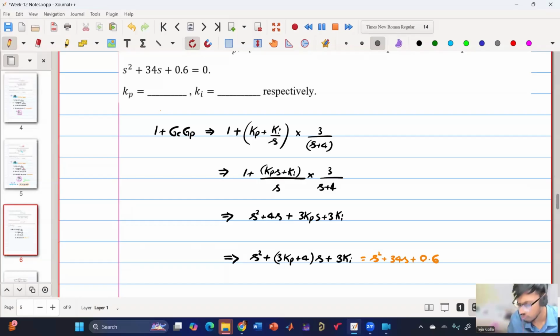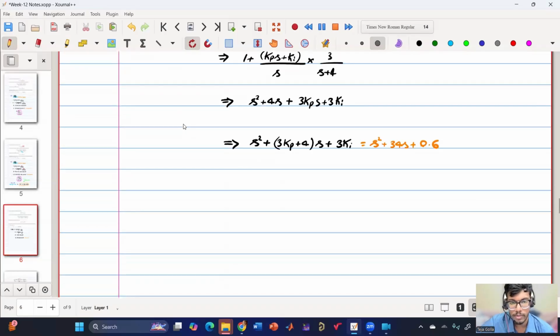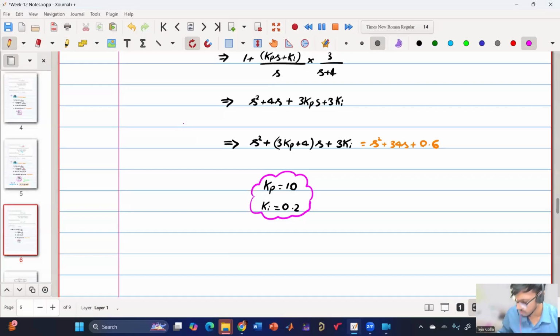If I reduce 4, it becomes 30 divided by 3 becomes 10. So KP is 10 and KI is 0.6 by 3, so KI is 0.2. So 10 and 0.2 is the right answer.